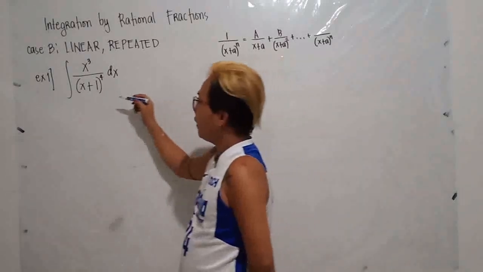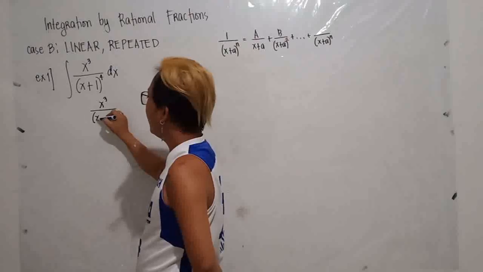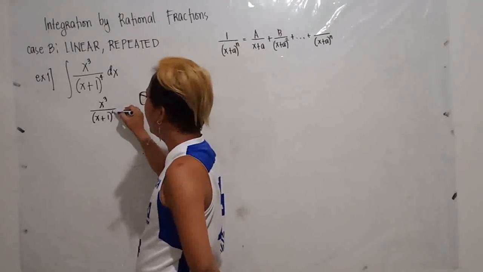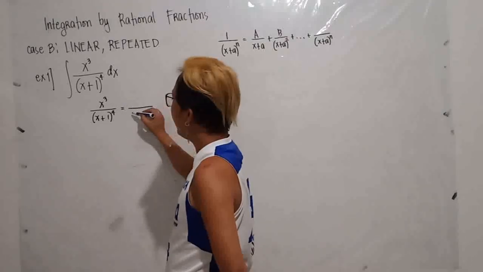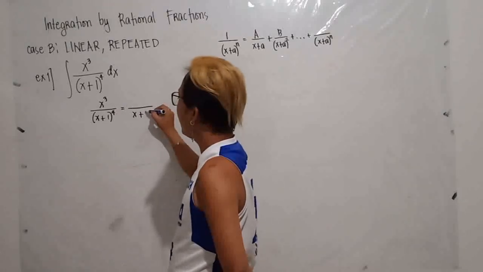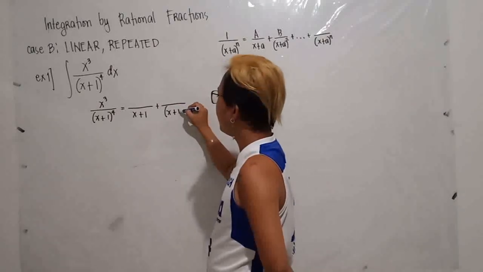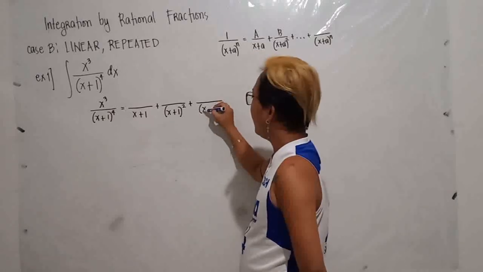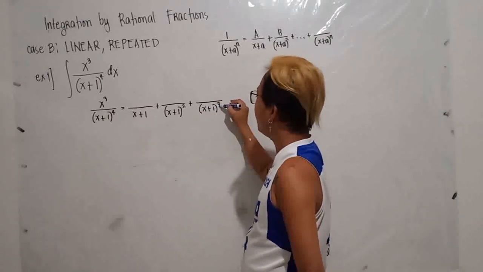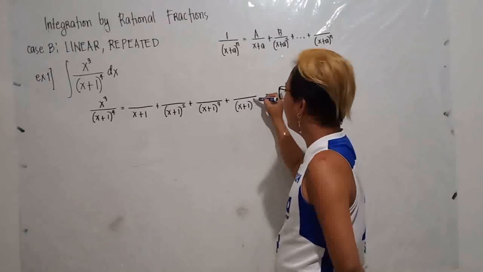So, we must have 4 fractions in this example. So, we will now have x cubed over x plus 1 raised to 4. So, in that case, you will start with x plus 1. Then, the next one is x plus 1 squared, plus x plus 1 cubed, plus x plus 1 raised to 4.